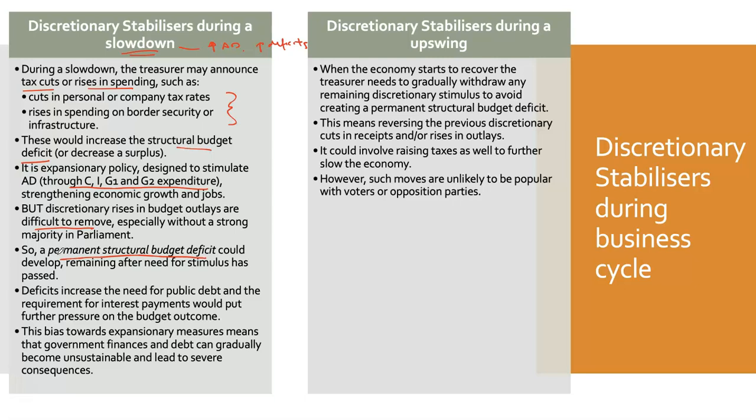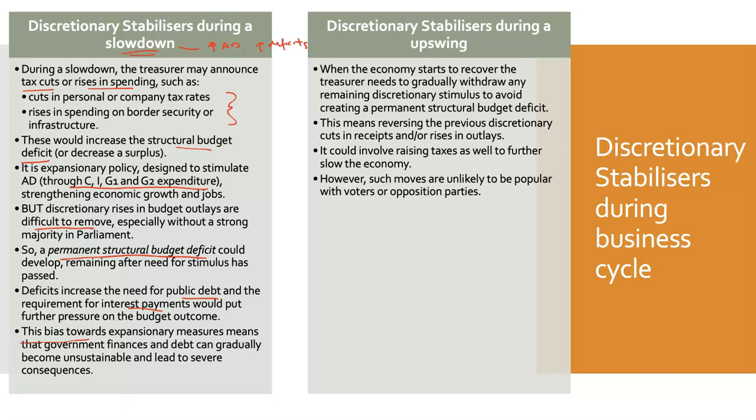Now, why are they not sustainable? Because we know the deficit will increase public debt. This increases interest payments. And while it might appeal to voters, and there is often a bias towards it because voters want it, we know it might not necessarily be good economic management.